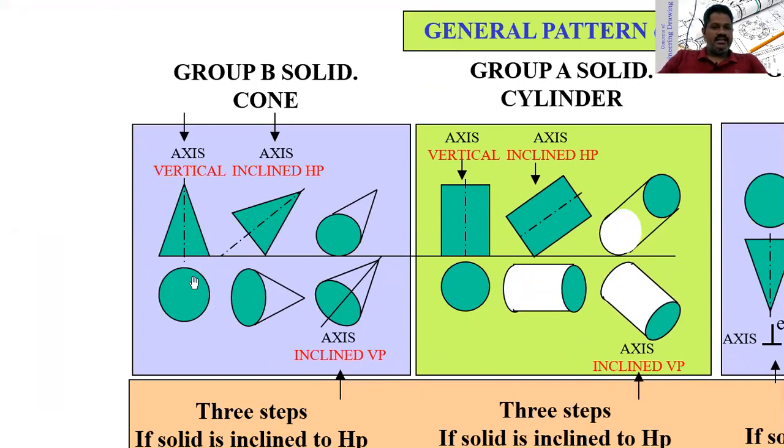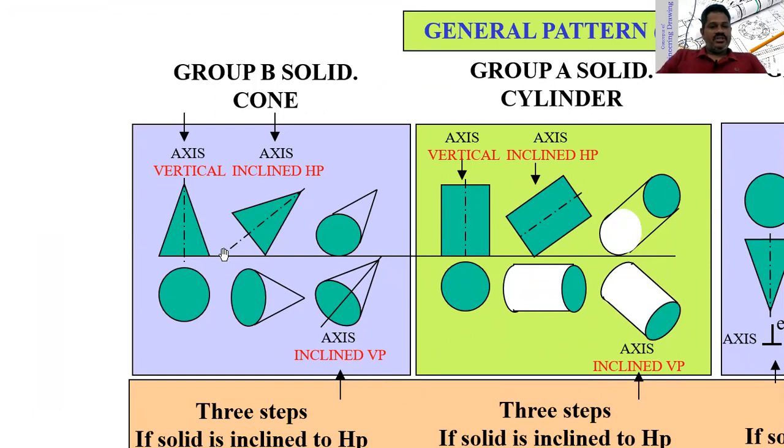Then draw a circle, and from this circle, in the front view we will get the triangle. Then we have the height and the diameter, take a point here, then join the inclined lines to get the front view of the cone.